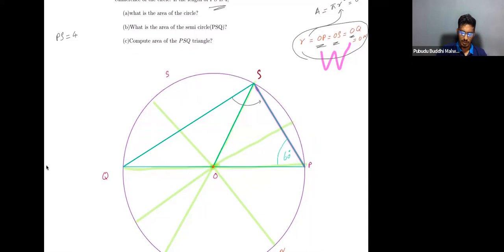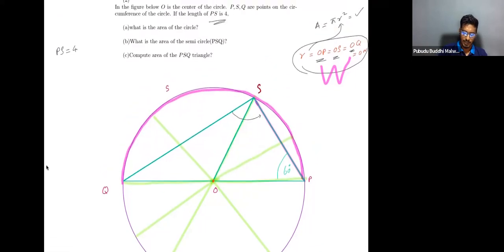Sorry, this is a semicircle. So angles in a semicircle. So we can write that QSP equals 90. The reason: angles in a semicircle. Let me mark that properly, 90 degrees.